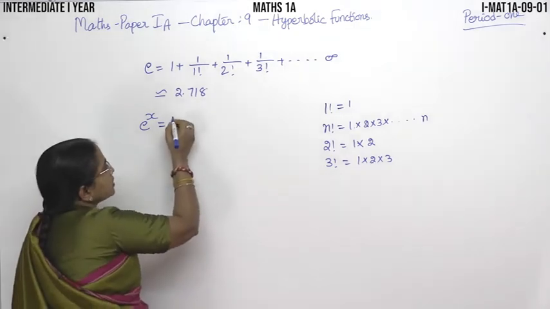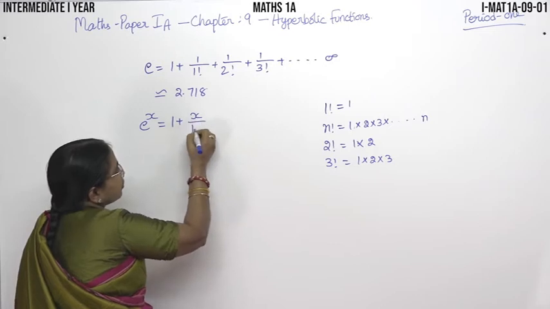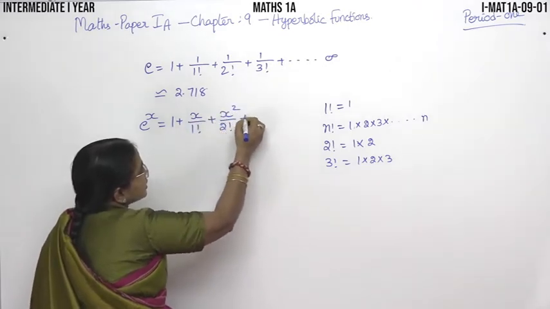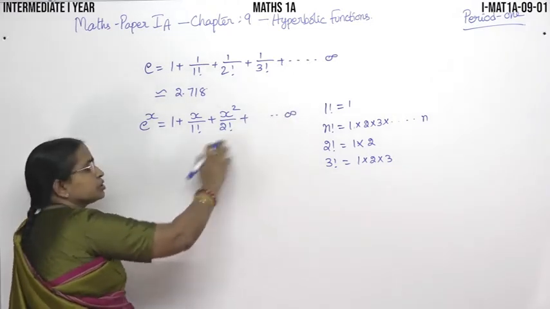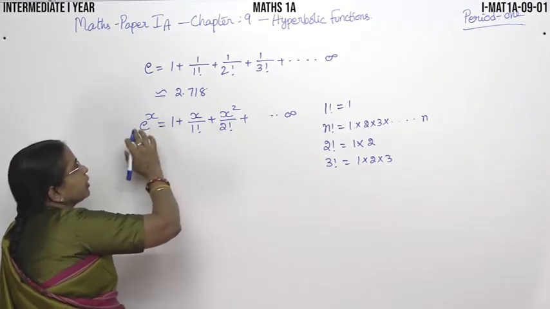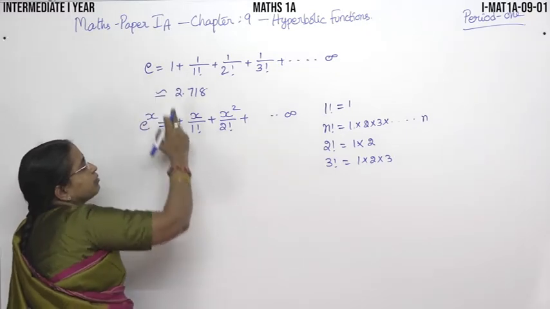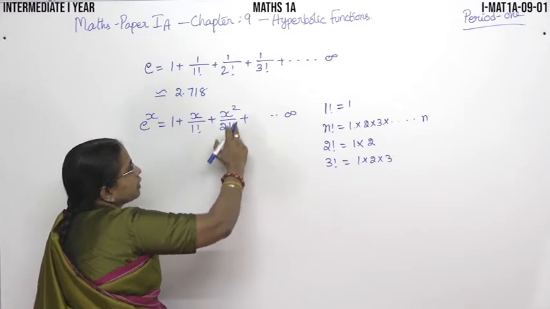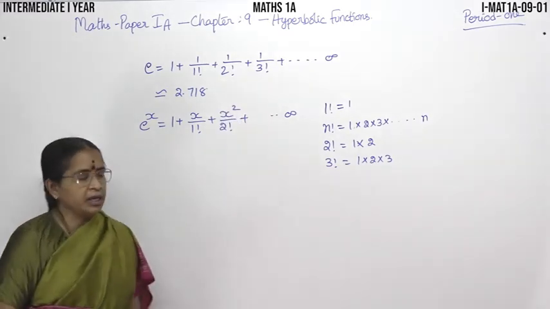So e power x is 1 plus x by 1 factorial plus x square by 2 factorial plus x cube by 3 factorial, so on to infinity. This is the most general series of the expansion of e power x. When you put x as 1, you will get e power 1, which is 1 plus 1 by 1 factorial plus 1 square by 2 factorial, like that. So this is about e power x.